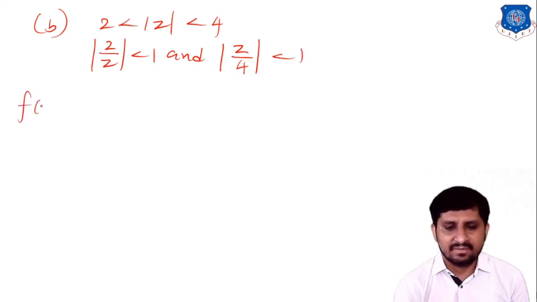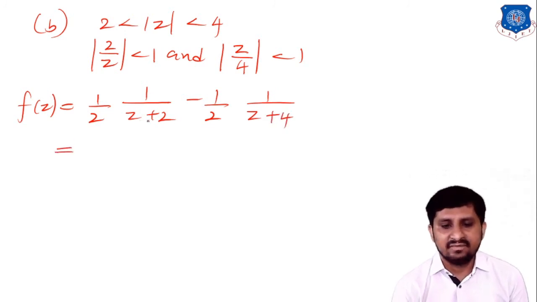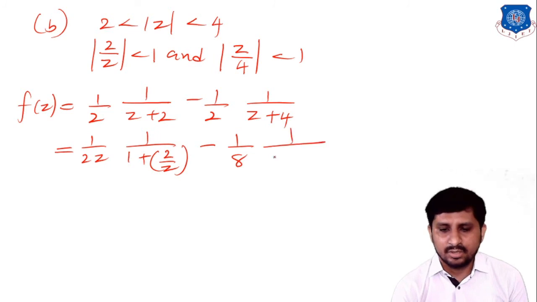Okay, and what is my f of z? f of z, that is 1 by 2, 1 upon z plus 2, minus 1 by 2, 1 upon z plus 4. Okay, so first of all, z will be common from this first term, so 1 upon 2z, 1 upon 1 plus 2 by z, okay, and here minus 1 by 8, 1 upon 1 plus z by 4.